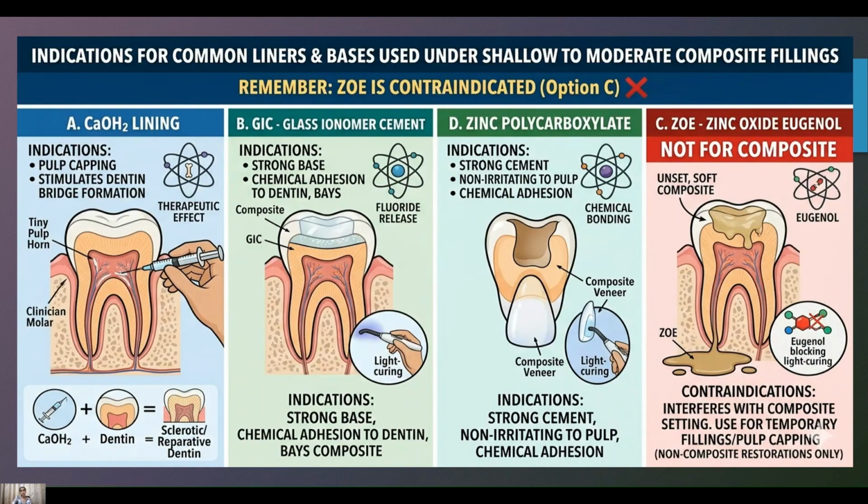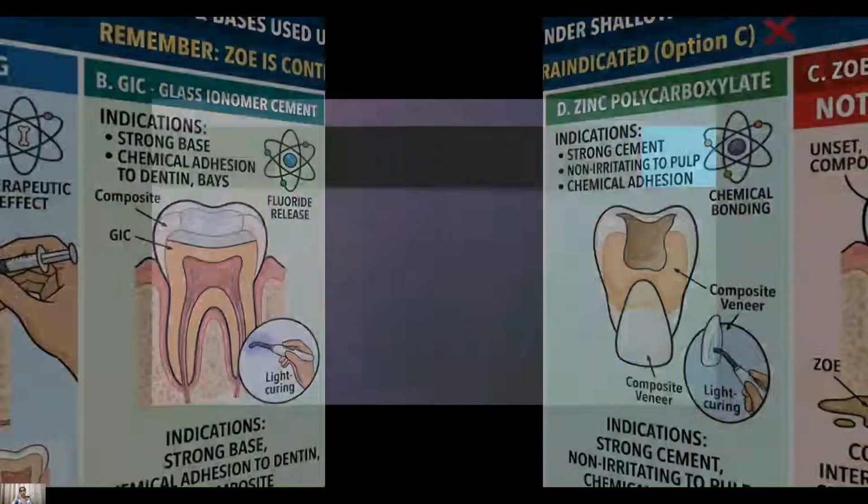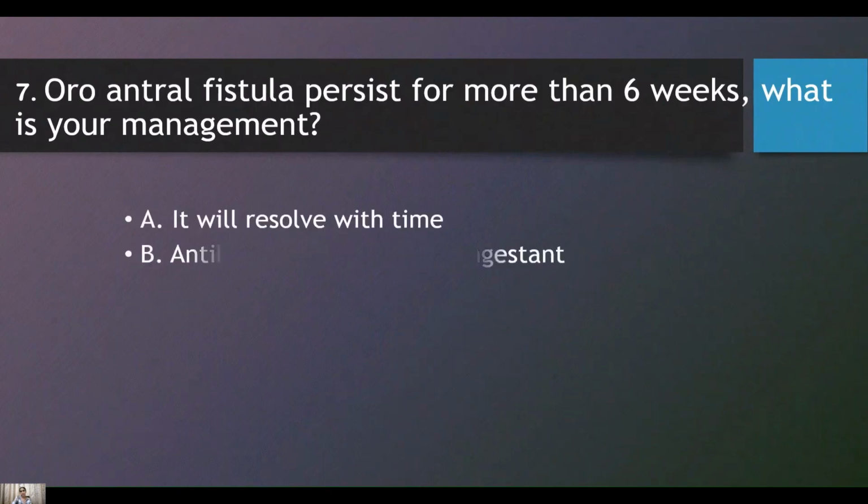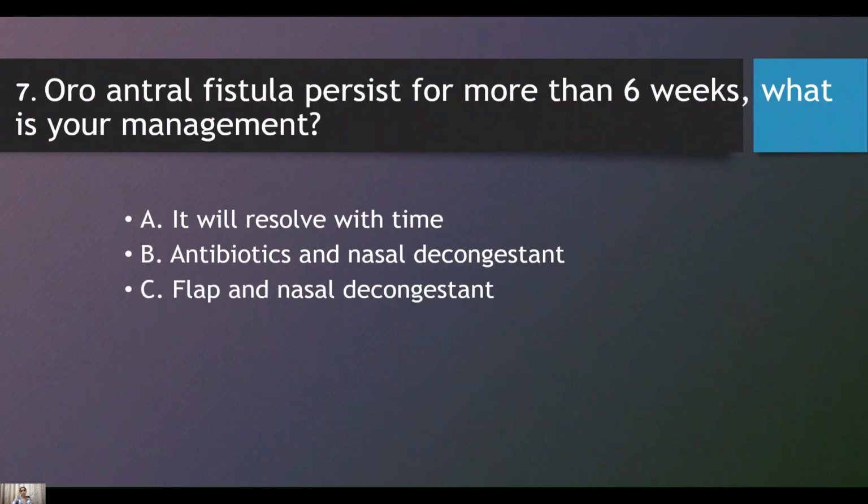So let's move to the next question. Oroantral fistula persists for more than 6 weeks. What is your management protocol? A. It will resolve with time. B. Antibiotics and nasal decongestants. C. A surgical flap and nasal decongestant.